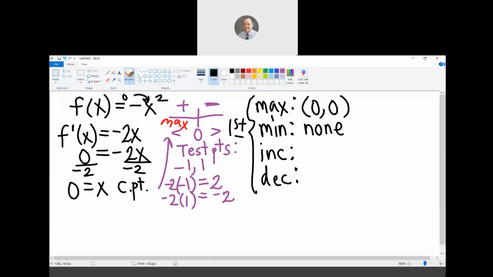Next up, we need to find where our graph increases and decreases if possible. On your sign chart, the plus sign indicates an interval of increasing. So since that's less than 0, our graph increases from -infinity to 0.